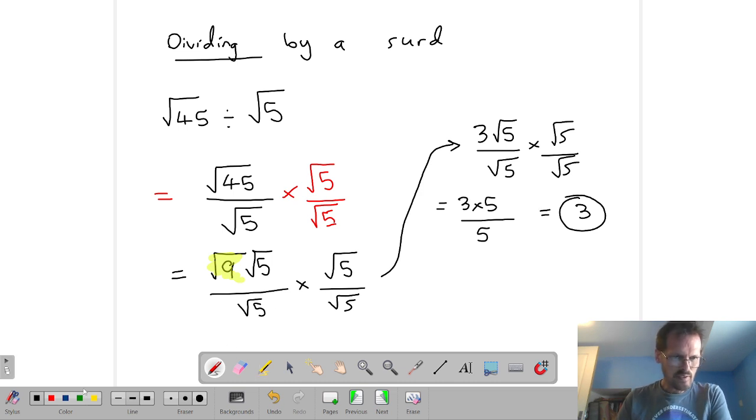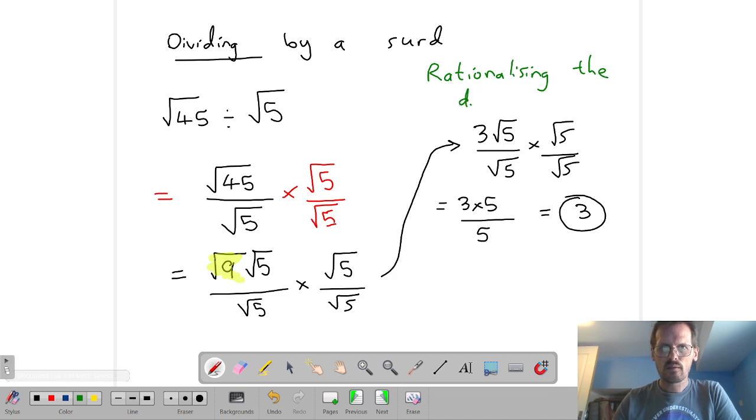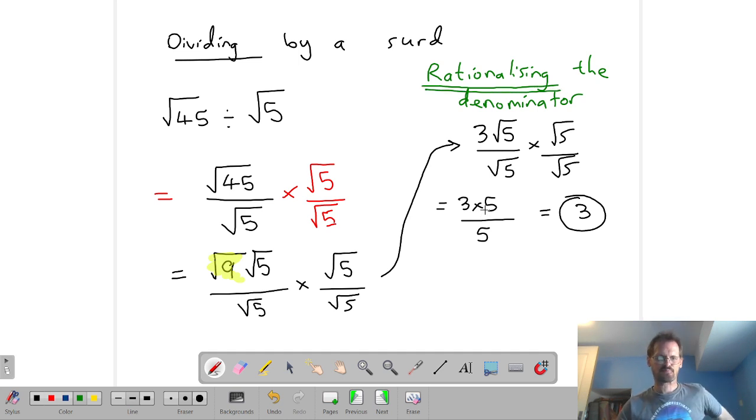Now, this process of dividing is also known as rationalising the denominator. Rationalising means changing it into something that's not a surd.